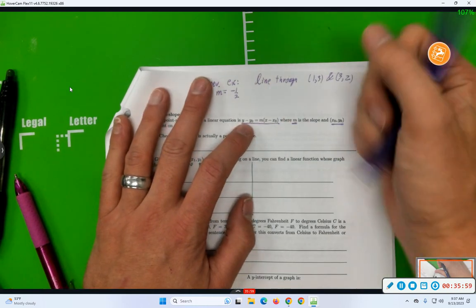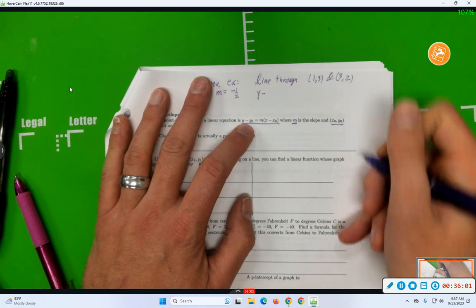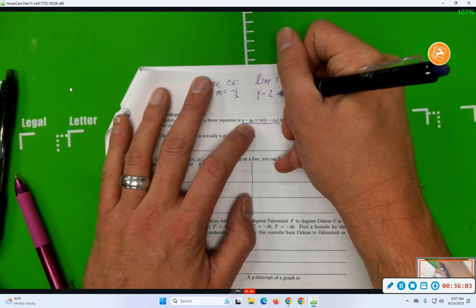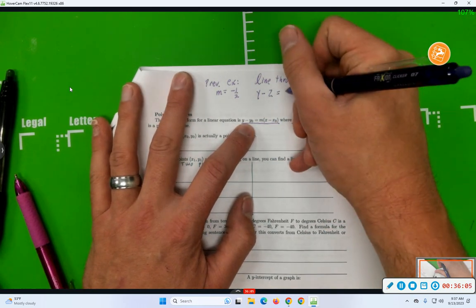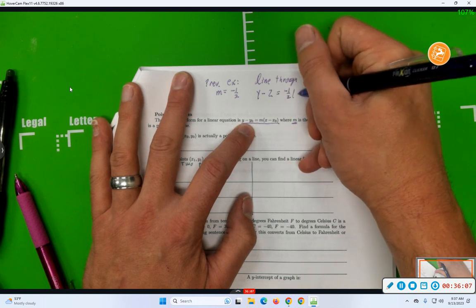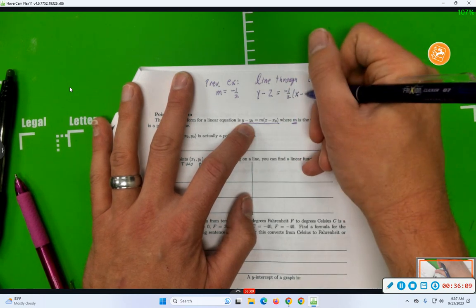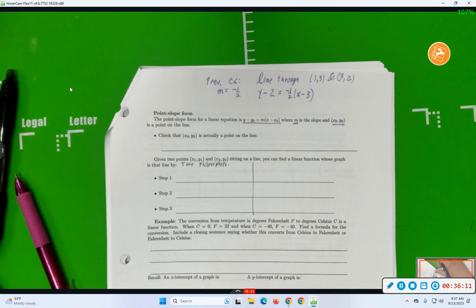So the equation we get will be y minus y0 is equal to -1/2 times (x minus x0). And maybe we should just finish that out and get y on its own.